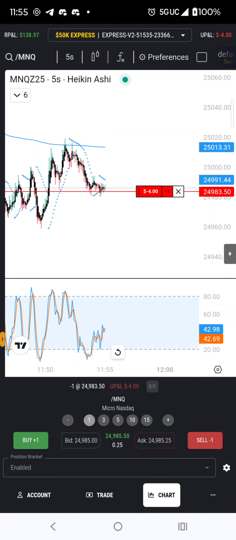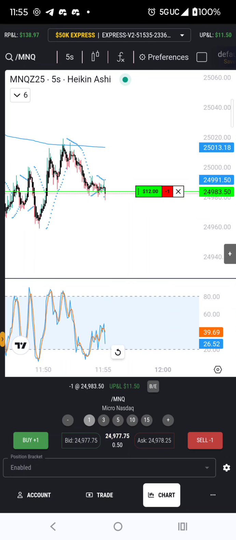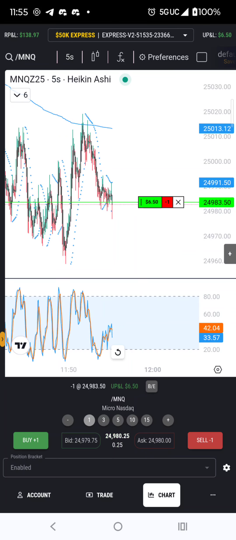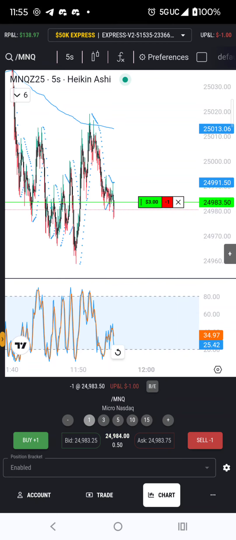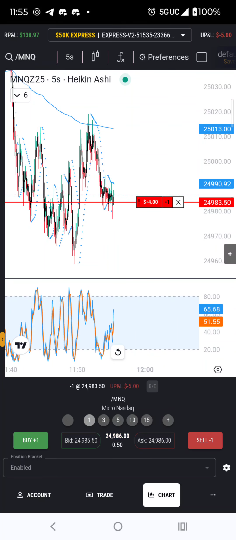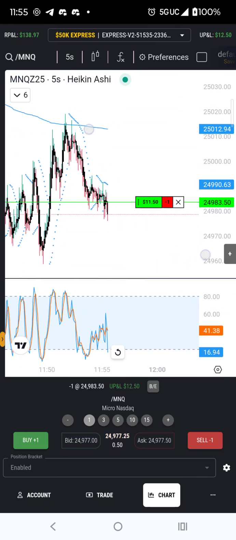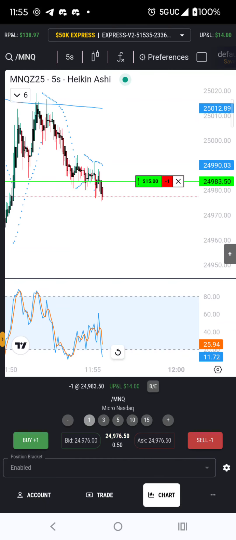Big struggle right there. Look at that drop off. But you can see the struggle there, right? So we're going to keep it light again.